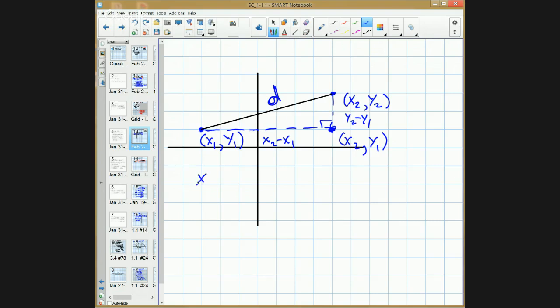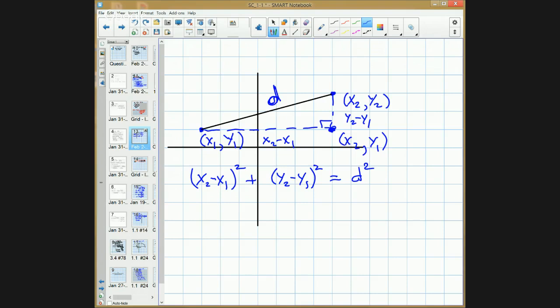We've got x2 subtract x1, that leg squared, plus this little leg, y2 minus y1 squared equals the hypotenuse squared. So that's just the good old Pythagorean theorem using coordinates.